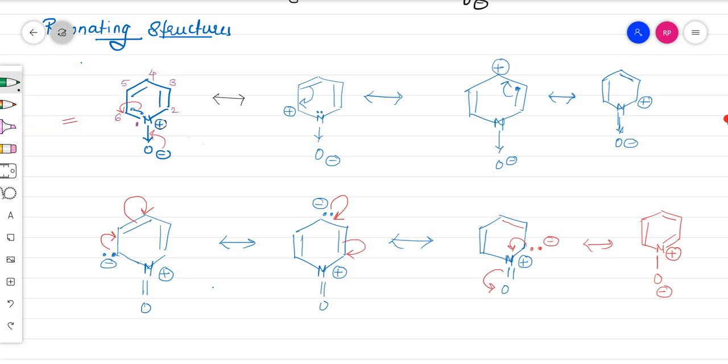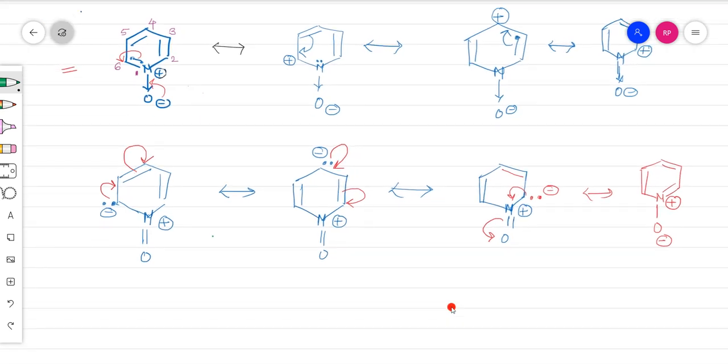Now what you have to do is just look at all the resonating structures and tell me where the positive and negative charges are in the whole structure. Where are the positive charges, at which positions? Leave the nitrogen aside, on the ring. Meta and ortho, so which position is this? If I say this is 2, and you compare these positions, this is 2, and positive charge is here, here, and here, yes or no?